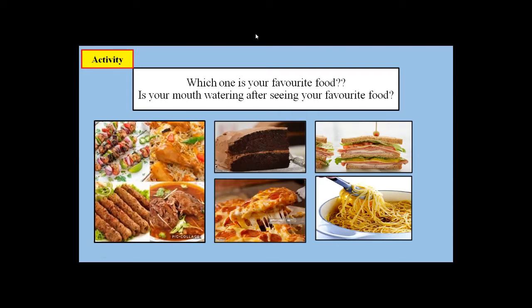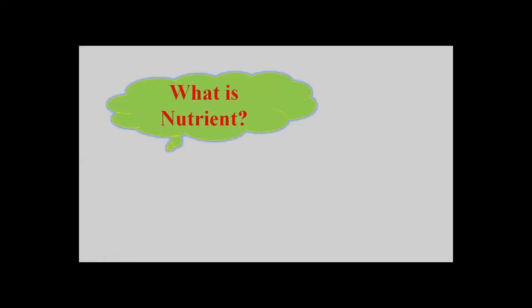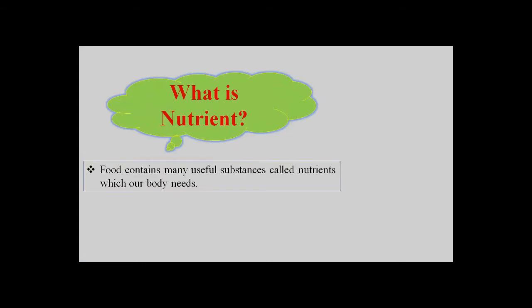The name is digestion. Before starting the journey of the food, that is, the digestion, first we have to know about the nutrient. So, what is a nutrient? Food contains many useful substances called nutrients, which our body needs. What does this mean?